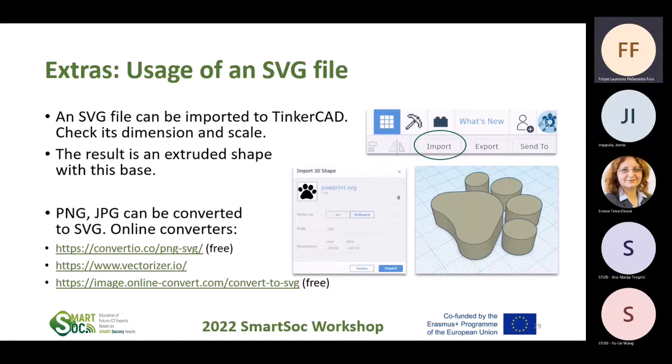Okay, so multicolor is not supported here, so it is not perfect for 3D design elements. And for example, we have only a sample, and this code was uploaded. And basically, when you import your SVG file in TinkerCAD, then it will be extruded.